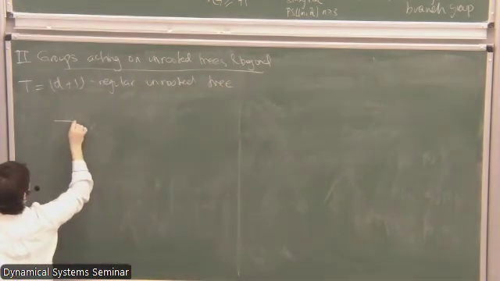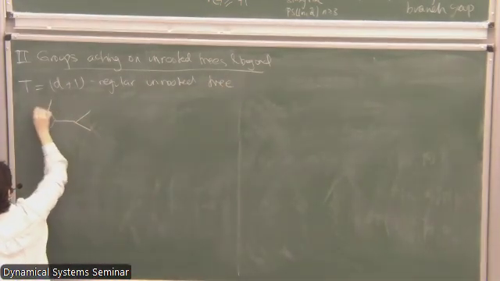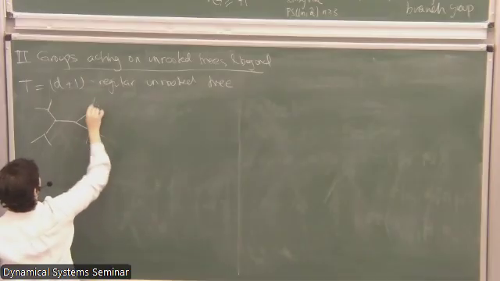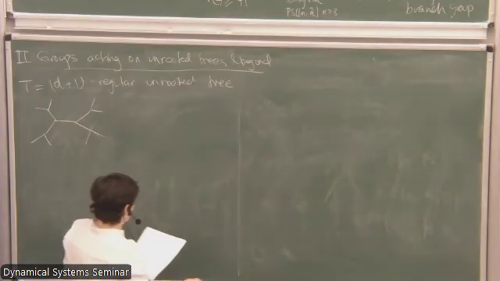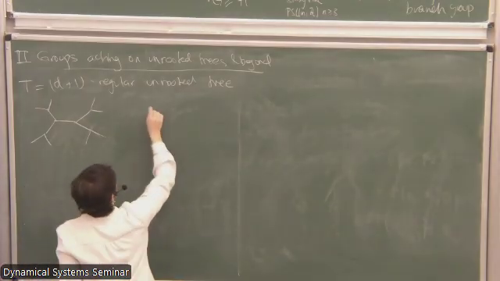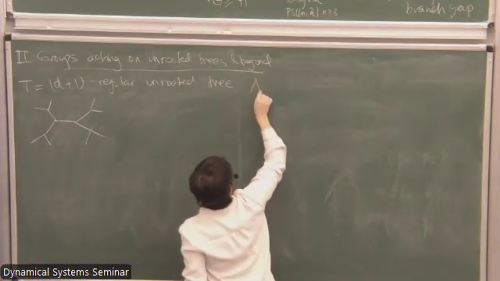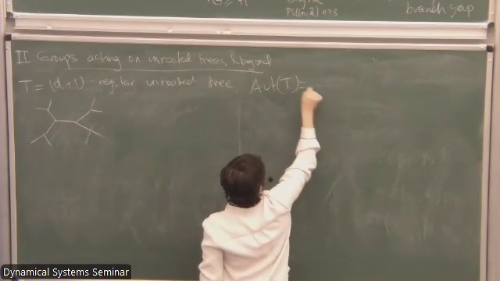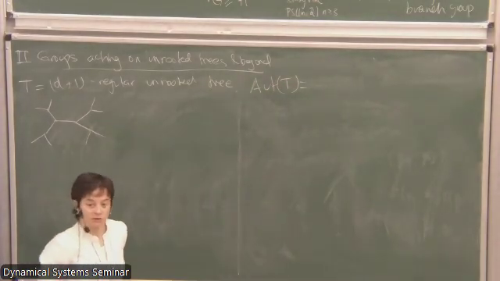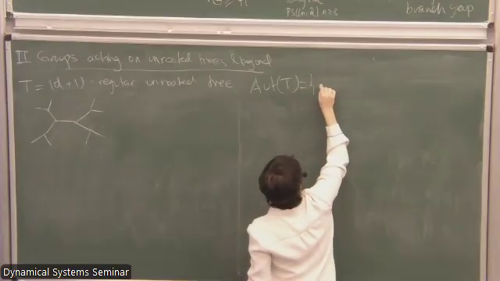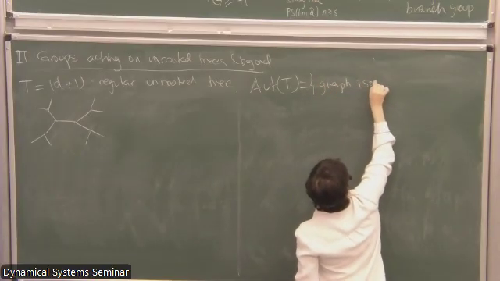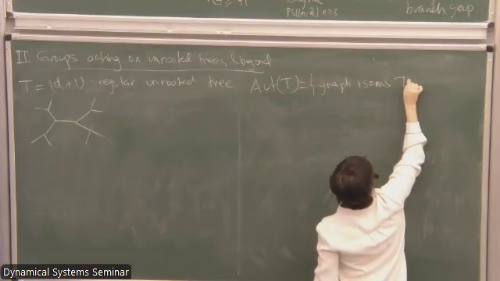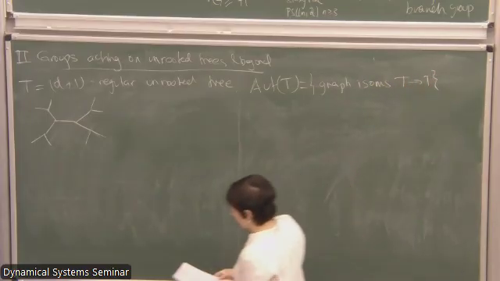So here's a picture for D is 2. And it goes off in all directions. And now I'm finally going to use Aut T to denote its automorphisms, graph isomorphisms from T to T.